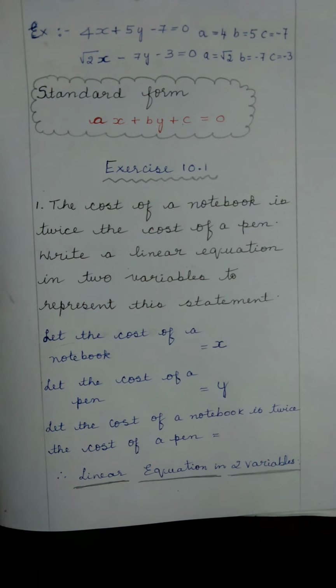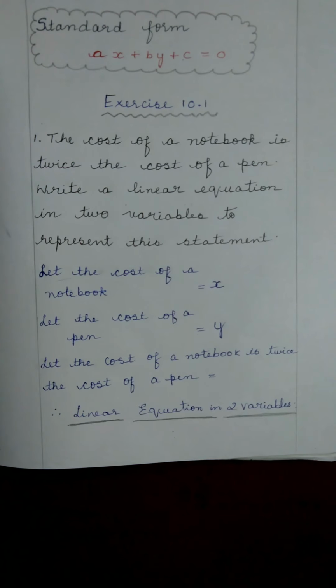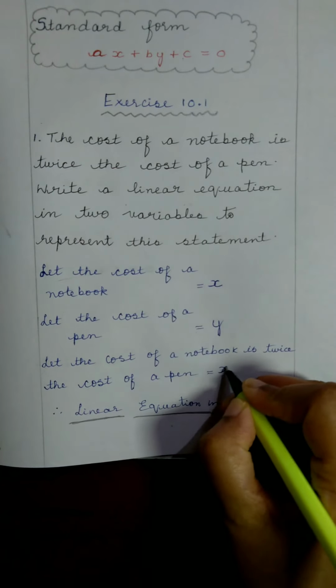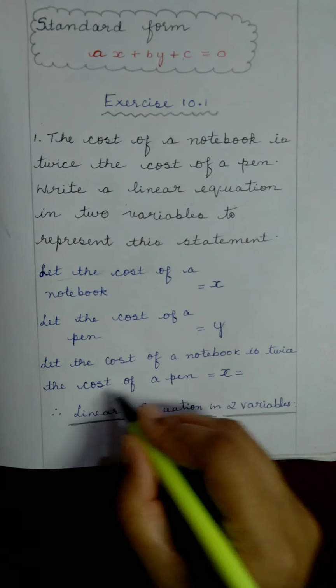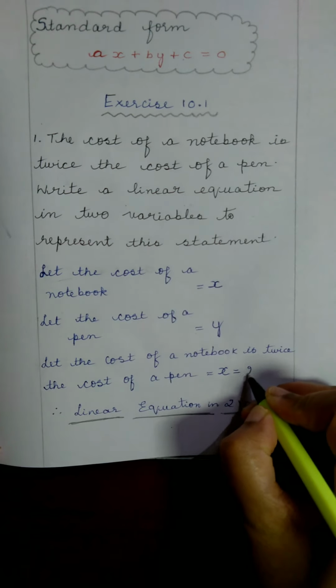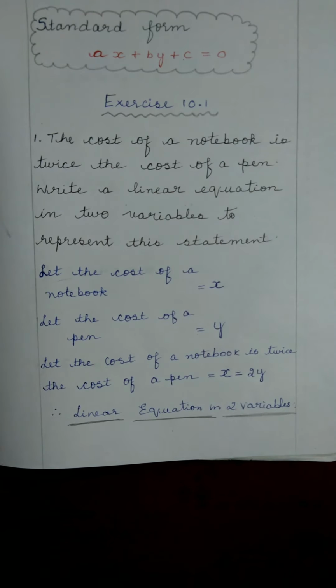That means x is equal to twice the cost of a pen, meaning 2y. Therefore, the statement that the cost of a notebook is twice the cost of a pen will be x = 2y.